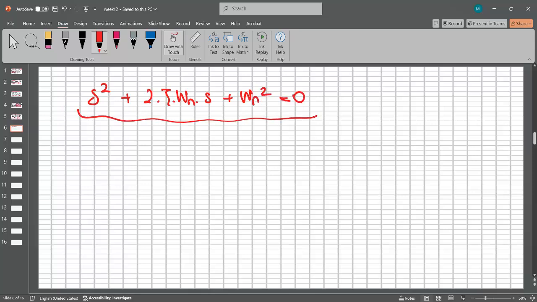This is our basic form for the second order system. We derive these parameters, right? And so what is the root of these terms? S1,2 equals minus zeta wn plus or minus j times wn times the square root of 1 minus zeta squared, right?